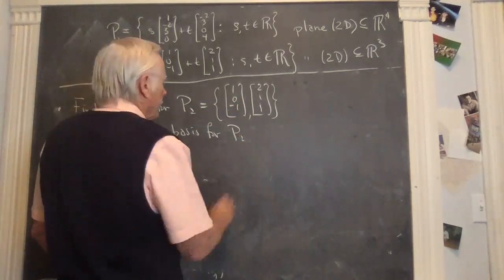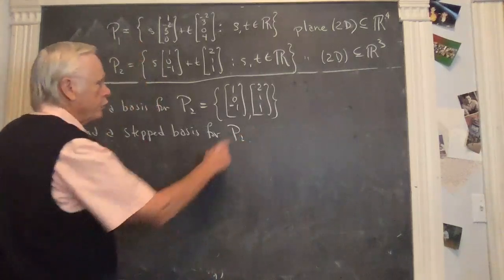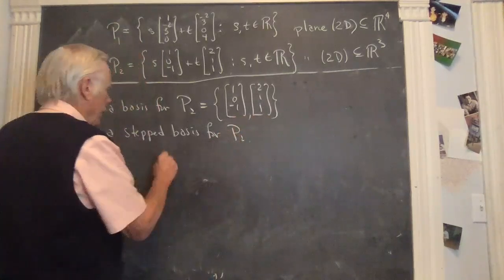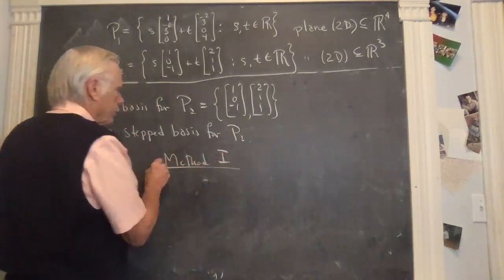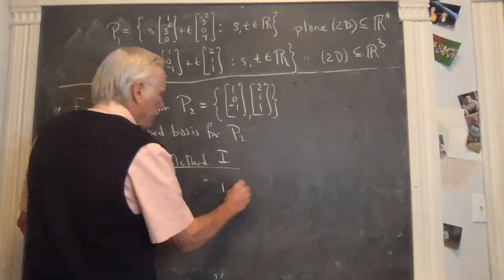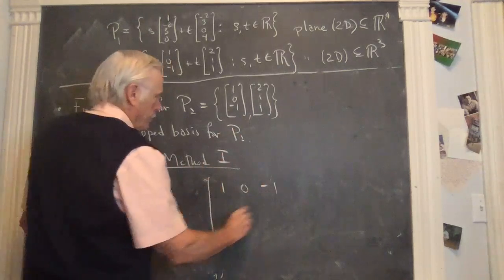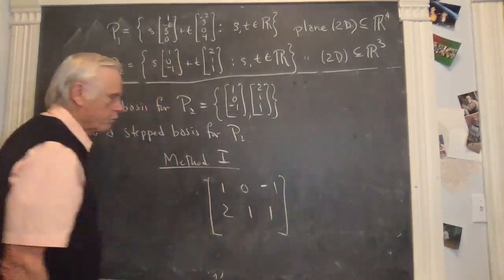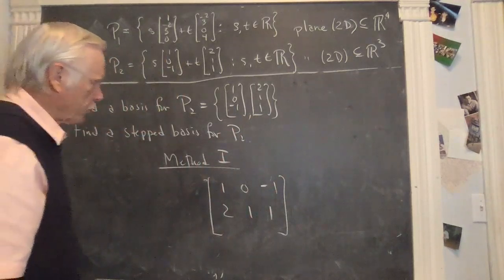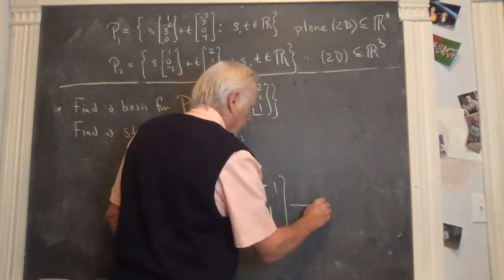And to do that, you can begin with any basis and use method 1 from the book. So we want to put these vectors in the rows of a matrix. Get reduced row echelon form. I guess we don't need Mathematica on this.